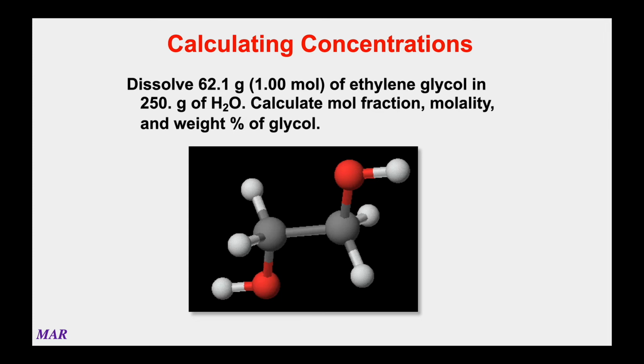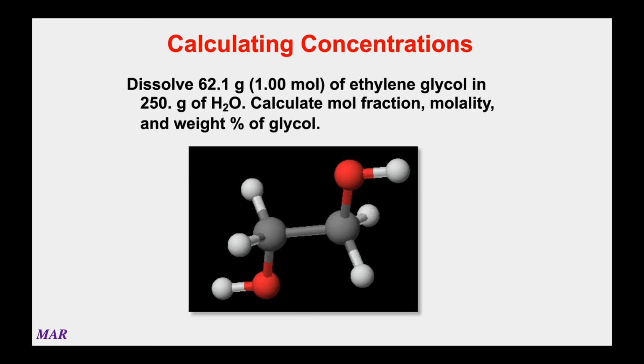All right, and this is an example we're going to go through a lot here. We're going to dissolve 62.1 grams, which is 1.00 moles of ethylene glycol, in 250 grams of water. We can use this information to calculate mole fraction, molality, and weight percent of the ethylene glycol.